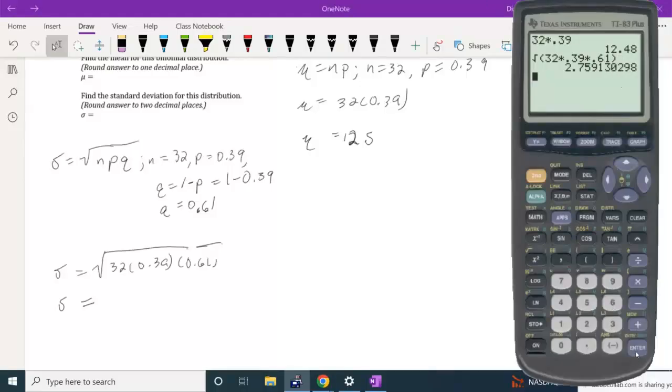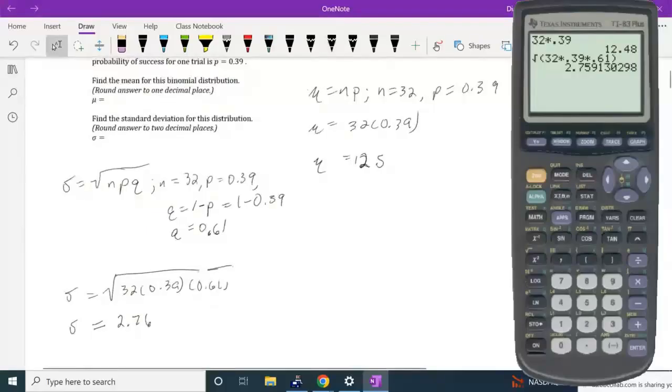Close off my square root function. Round to 2 decimal places, this one says. So we would have 2.76. All right, so the first one just dealt with the formula for the mean and the standard deviation of a binomial distribution.